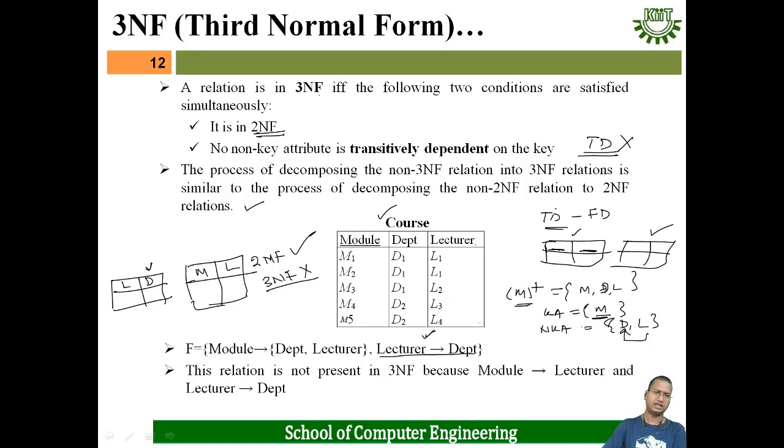Lecturer will be the primary key in the first table and becomes the foreign key for the other table, and in that table module and lecturer together form the primary key.